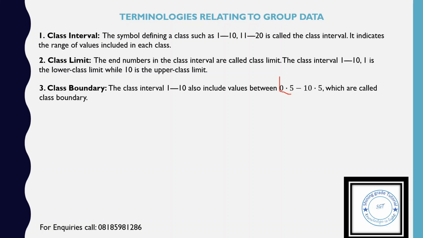This is the class boundary here. This is the class boundary of this particular class interval. So you take away 0.5 from the lower limit in any class interval, and add 0.5 to the upper class limit of any interval.